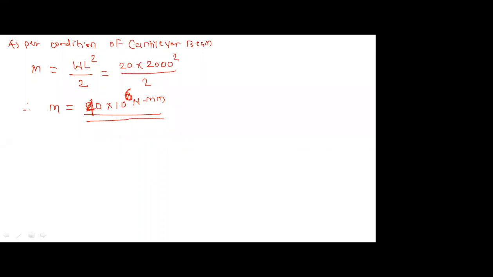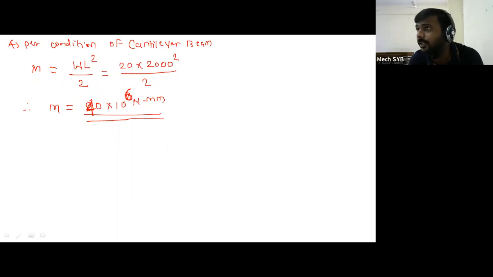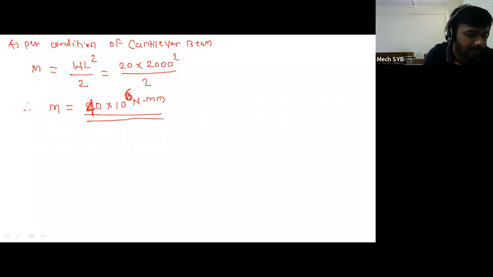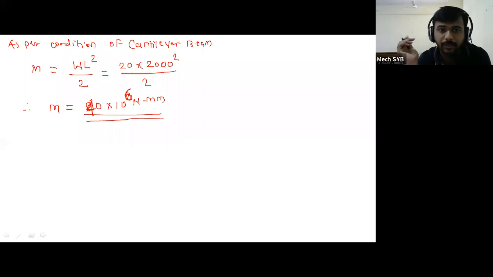I think you have not squared the length. Sometimes this is the possibility of mistakes in the calculation. The formula is WL square divided by 2, but we don't square the 2000, only 20 into 2000 divided by 2. So it is 40 into 10 raised to 6 Newton mm. Please send your answers in the chat box. M is equal to 40 into 10 raised to 6 Newton mm.